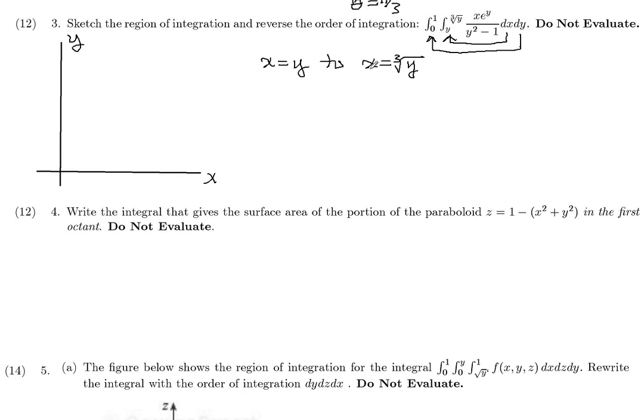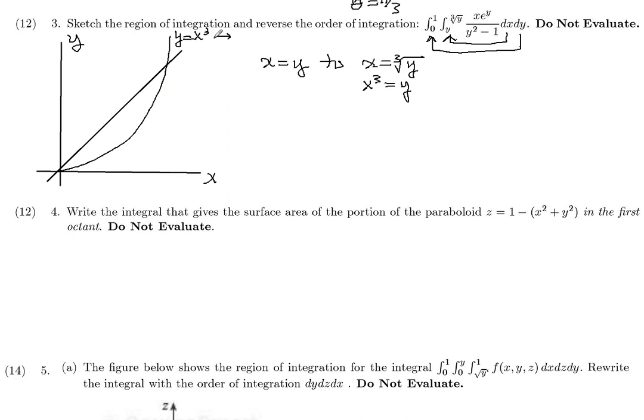If we cube both sides here, we get x cubed equals y. So our two curves here are x equals y, the 45-degree line, and y equals x cubed. The 45-degree line will look like that, and then your y equals x cubed will look like this.